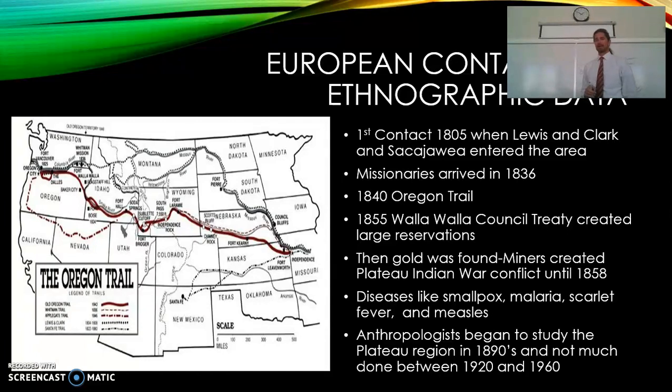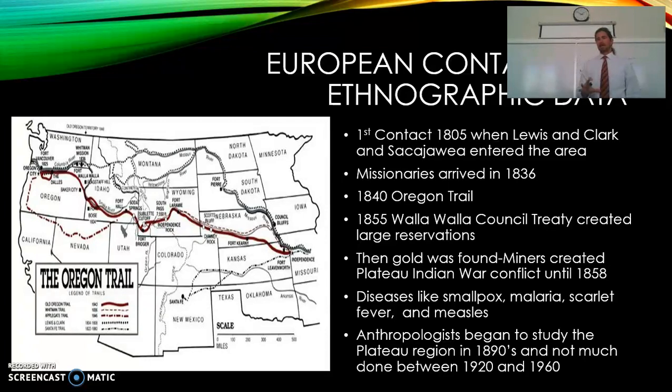And again, the video I'm going to have you watch about the Nez Perce is part of that process. Remember, gold is a central theme when we talk about native peoples of North America. The Cherokee and the Trail of Tears in Georgia and Alabama and Florida area, those Cherokee are going to be driven out because gold is found in that area as well, and then they're moved over to Oklahoma.